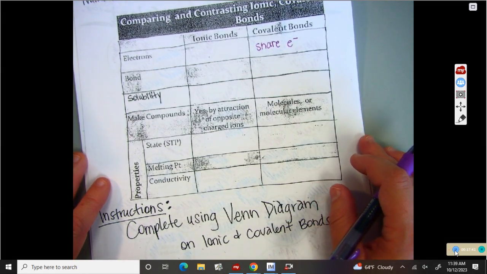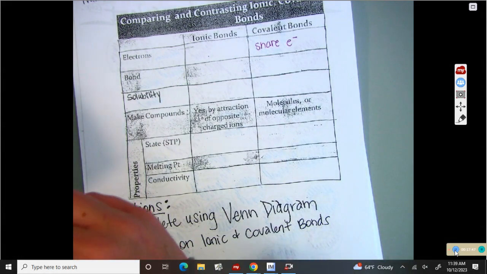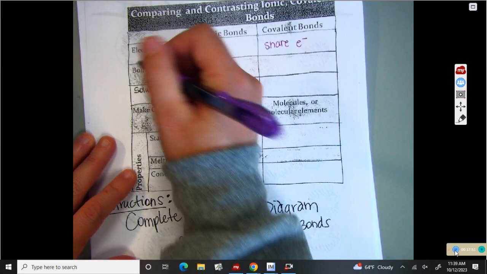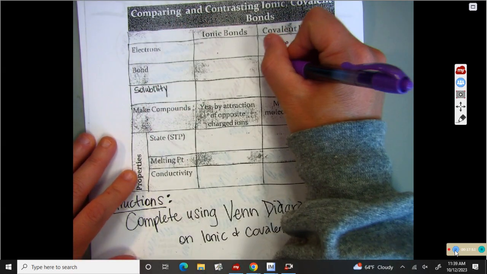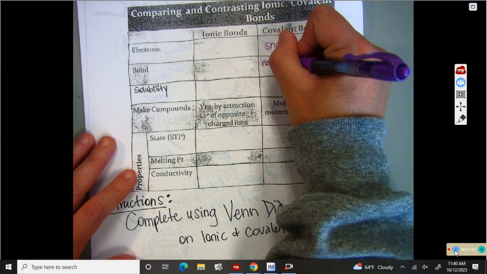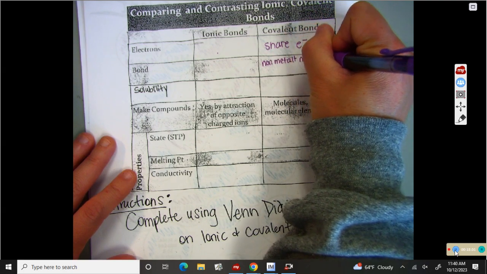So, what kind of bond do they have? When we're talking about what kind of bond they have, it means what is the bond between? It's a bond with a nonmetal, if it's covalent, plus a nonmetal.